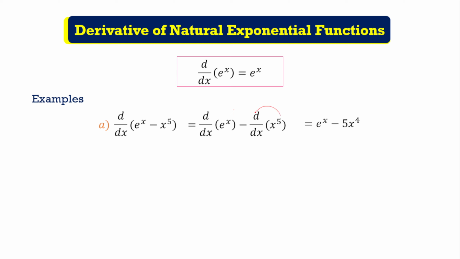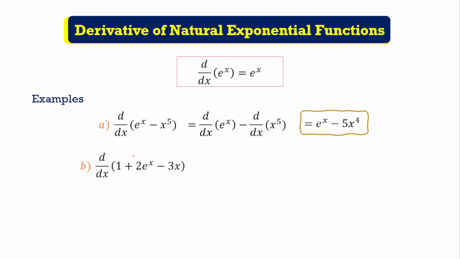Then the derivative of x raised to 5, by the power rule: 5 times 1, the exponent is multiplied to the coefficient, rather. So that will be 5x, then subtract 1 from 5, becomes 4. So the answer is e raised to x minus 5x to the 4th.